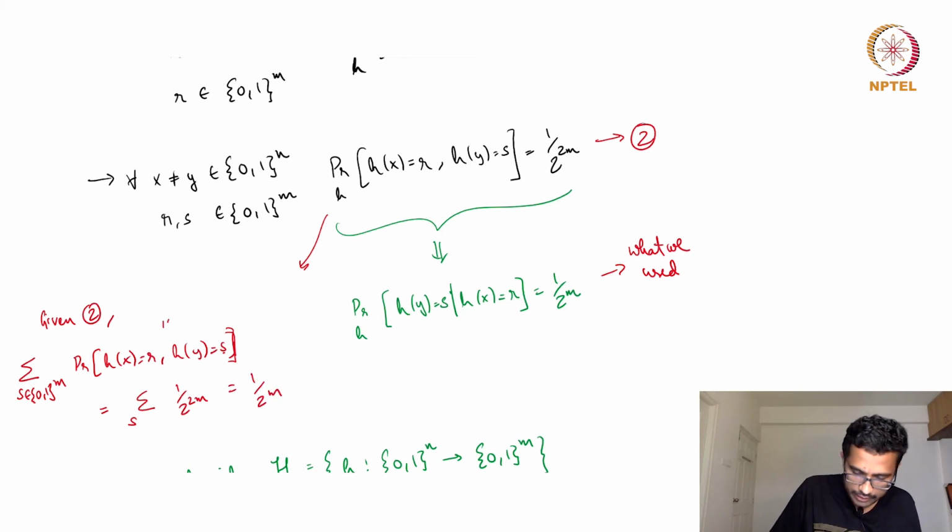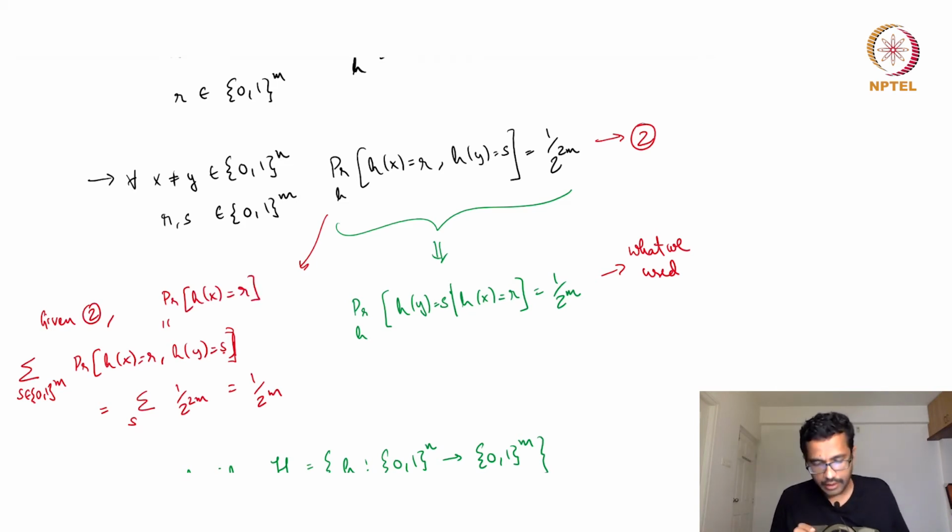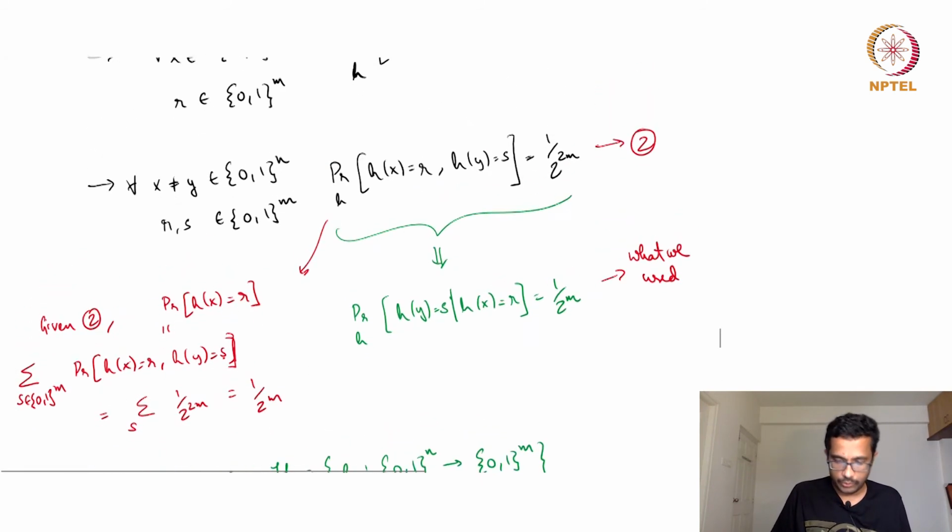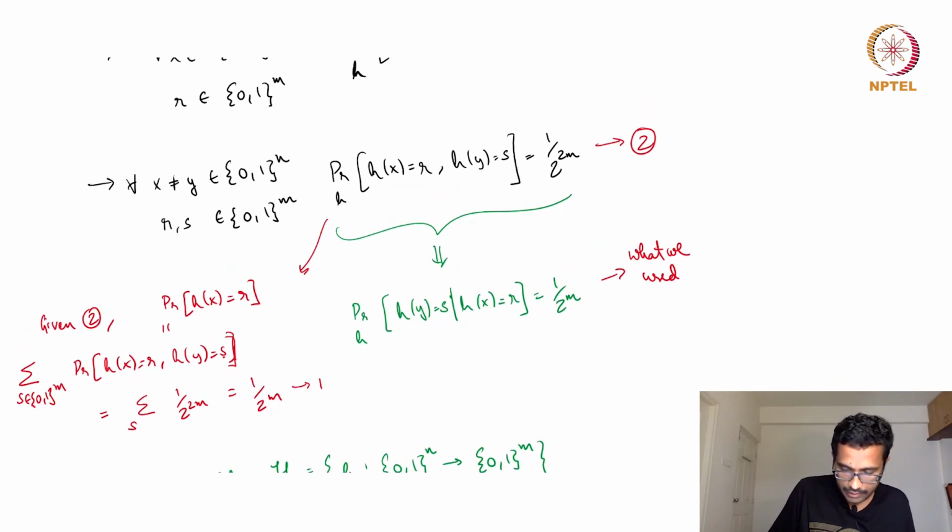But this quantity is actually nothing but the probability that h(x) is equal to r, because we are allowing h(y) to take all possibilities. So it is simply the probability that h(x) is equal to r, which is exactly property 1.